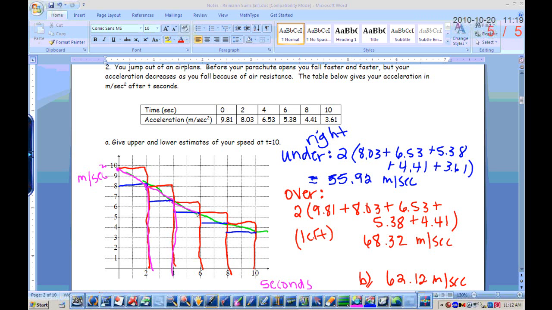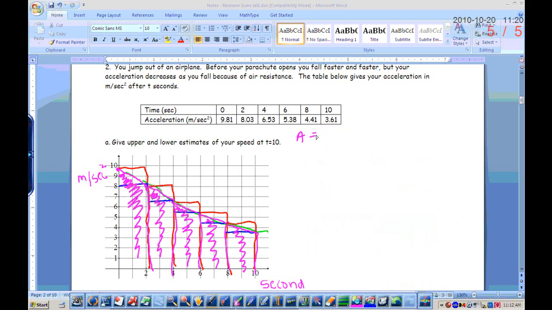Okay, it's kind of hard to see. So my trapezoids, I can kind of shade it in here.